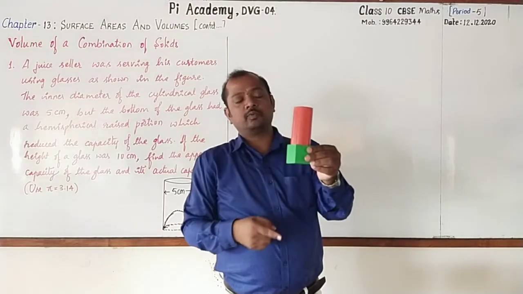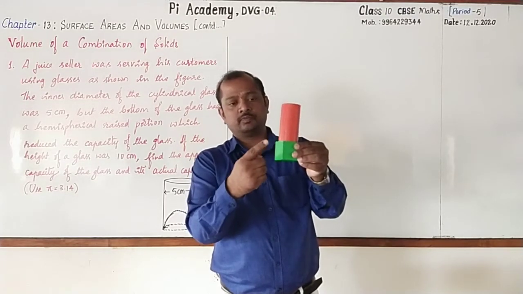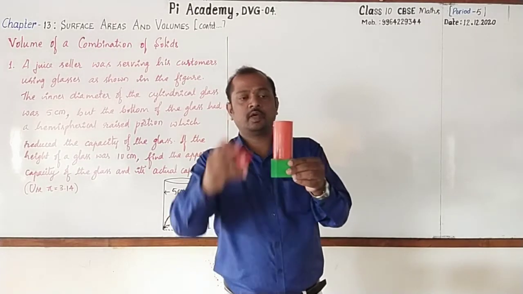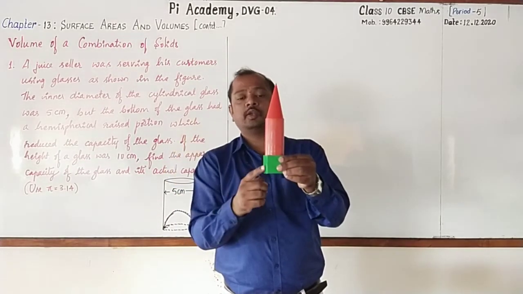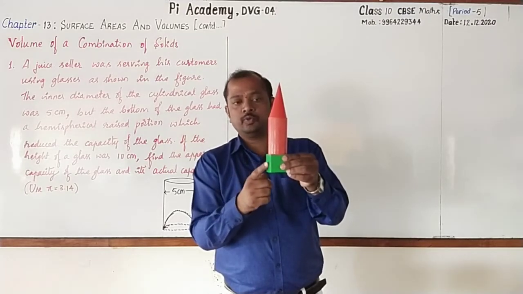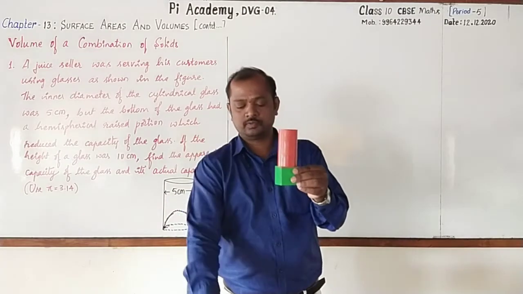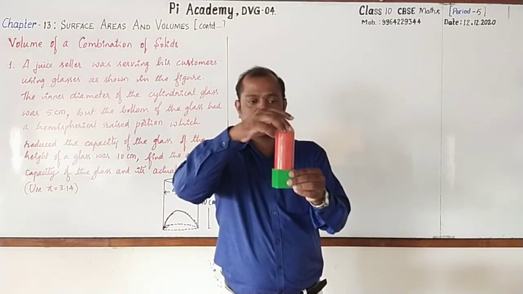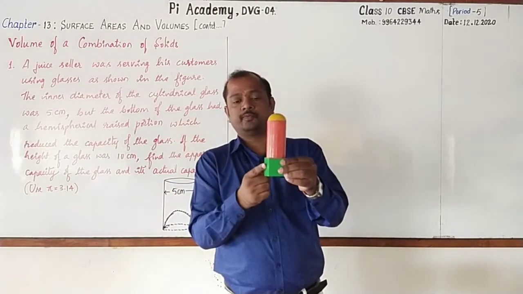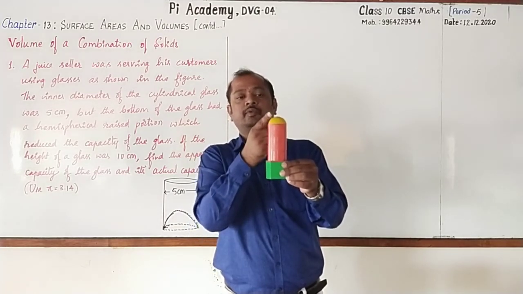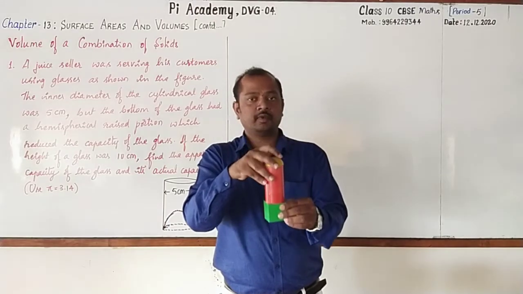Now what is the volume of the solid? It is volume of cube plus volume of cylinder. Now you tell this arrangement. Volume of cube plus volume of cylinder plus volume of cone. Now you tell. Volume of cube plus volume of cylinder plus volume of hemisphere, right?